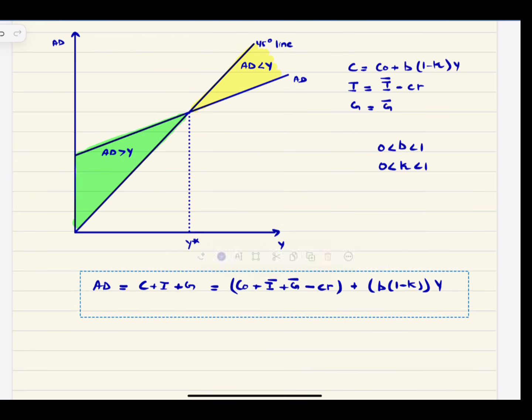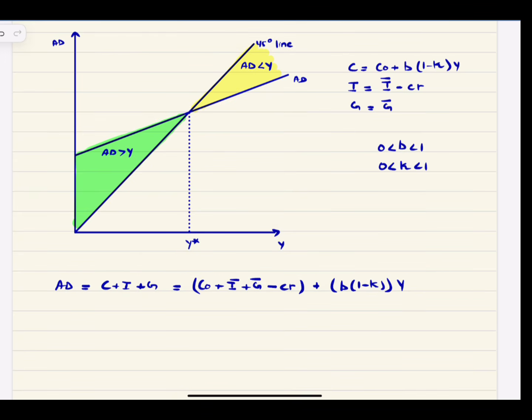The reason I've written it this way is that I want it in the following format: y equals mx plus c, c being the intercept, x being the variable on the x-axis, and y being the variable on the y-axis. So I have AD on the y-axis and output on the x-axis, and this is basically my intercept.